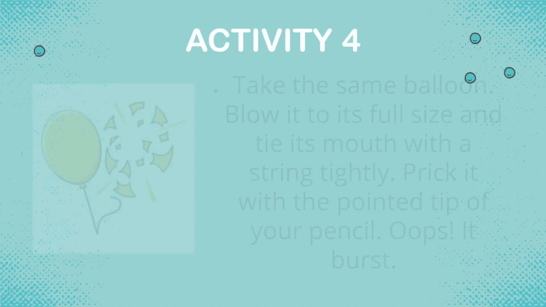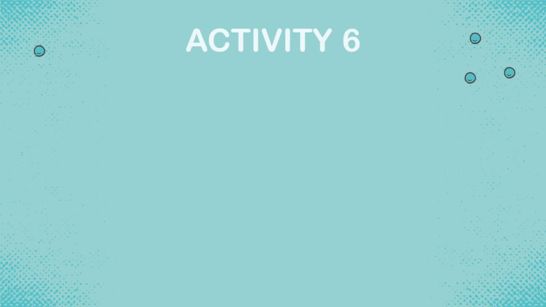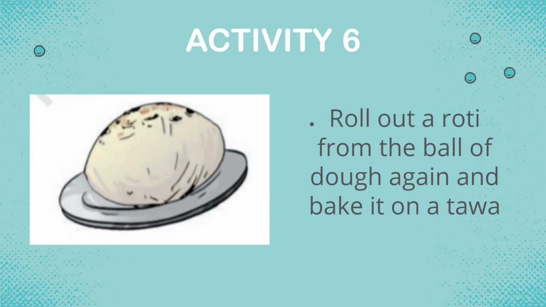Activity 4. Take the balloon, blow it to its full size and tie its mouth. Prick it with the pointed tip of your pencil. Oops! It bursts. Activity 6. Roll out a roti from the ball of dough and bake it on a tawa.